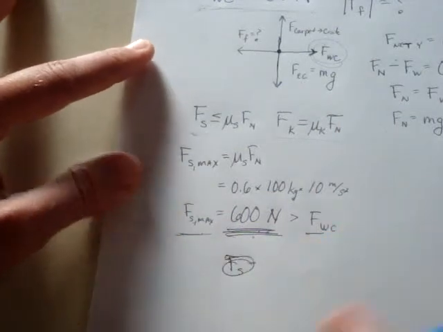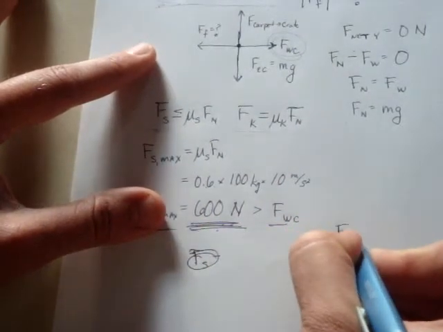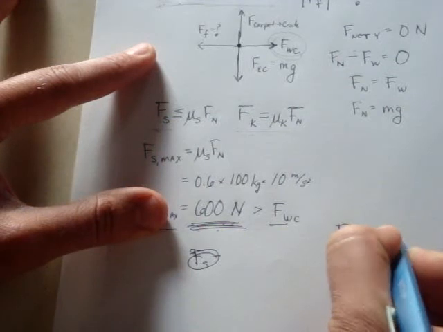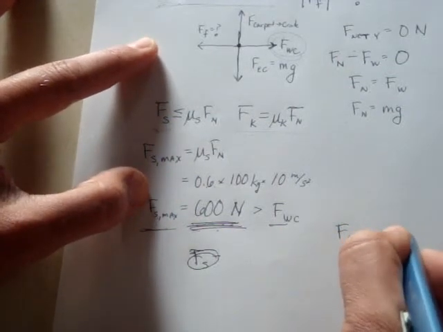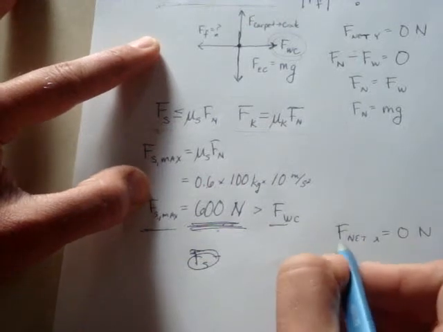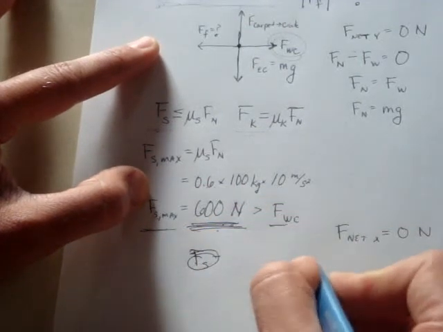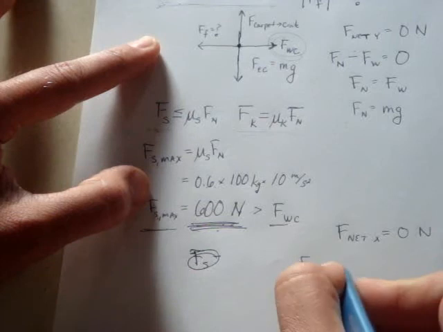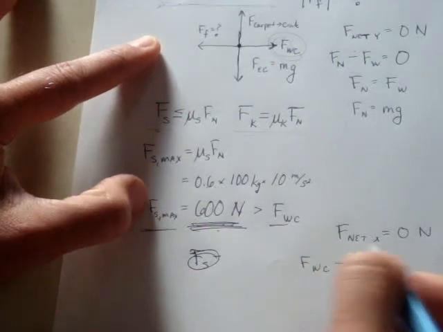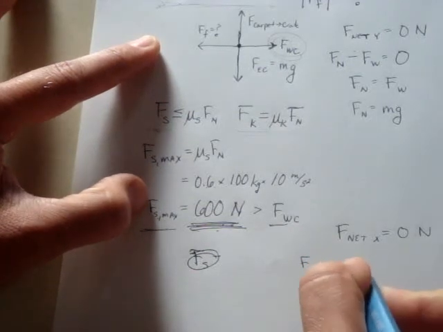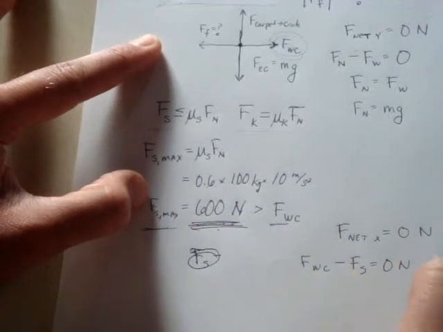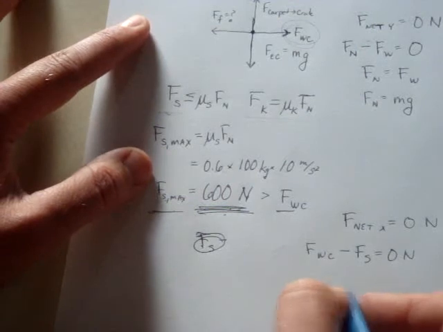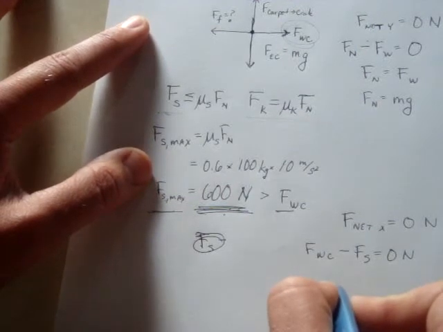So let's write the net force in the x direction. Now we know that this is not going to be moving, so this will be equal to 0 newtons, and we have the force of the worker on the crate pushing to the right, and we have a static frictional force pushing back to the left, and that is going to be equal to 0 newtons. So, what is the force of static friction?